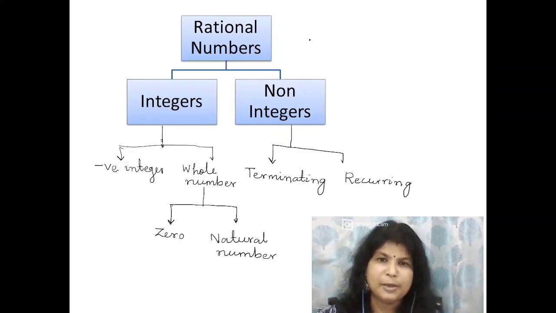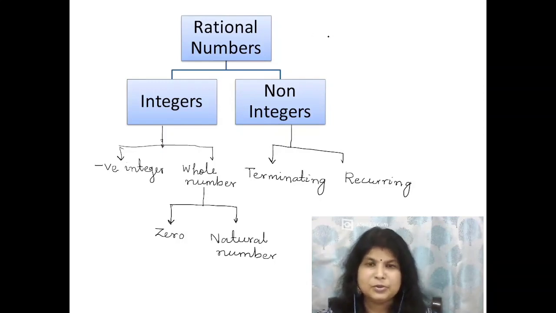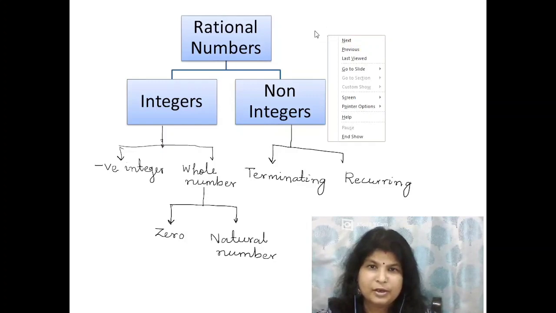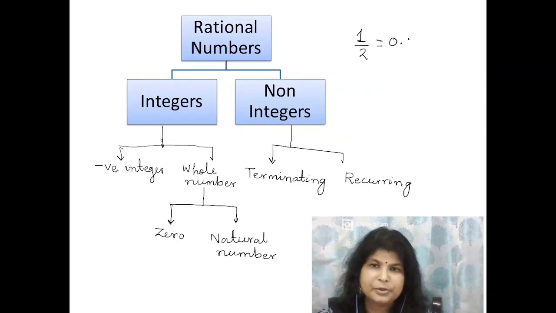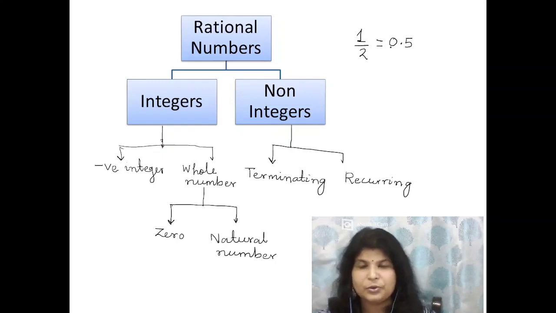So what do you mean by terminating? Terminating means, suppose I need to find 1 by 2. What's the value of 1 by 2? That is 0.5. So when 1 is divided by 2, you get 0.5, and the remainder at the end is 0. So it's a terminating decimal.